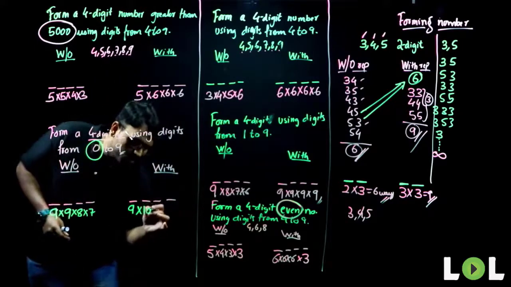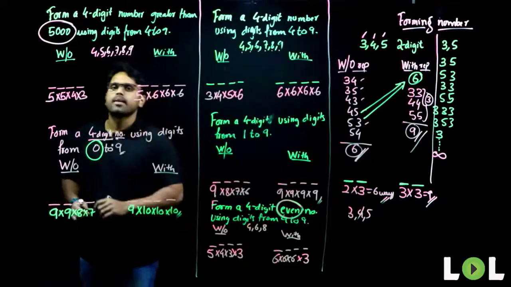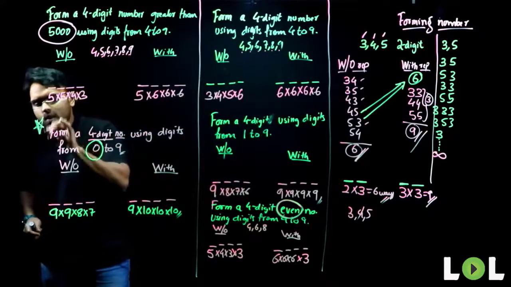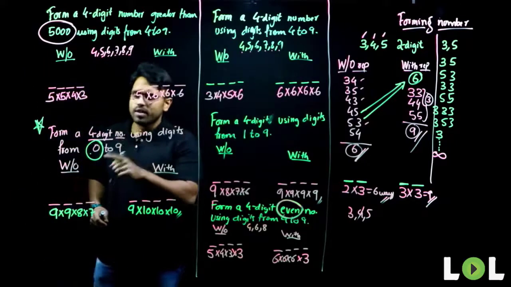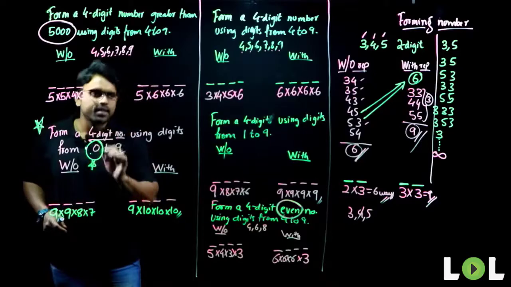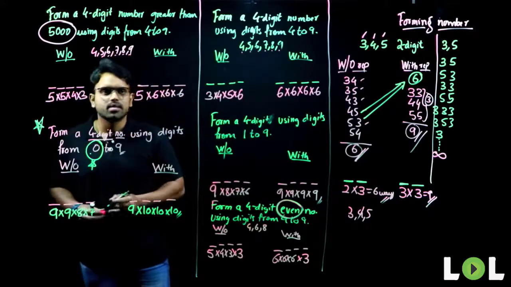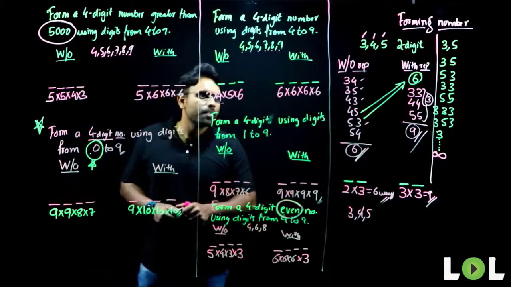So I can use all the 10 here, all the 10 here, and all the 10 here. Yes, able to follow? So one thing that you have to remember when it comes to forming numbers, whenever you see a 0, 0 itself is a condition, dear class. Yes, everyone able to follow?